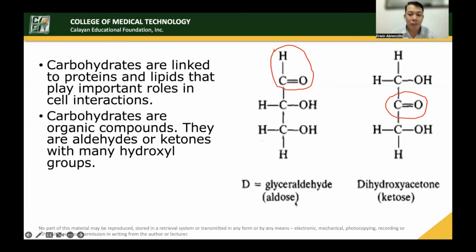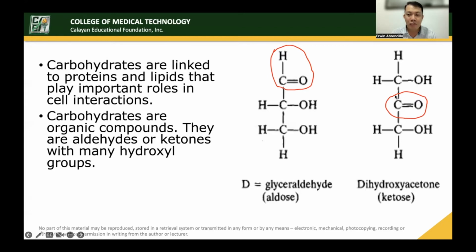So if you'll notice that when we speak of sugar, the end suffix is OSE. And then it is an aldehyde, so there is the prefix ALD plus the OSE as suffix, forming the word aldose.